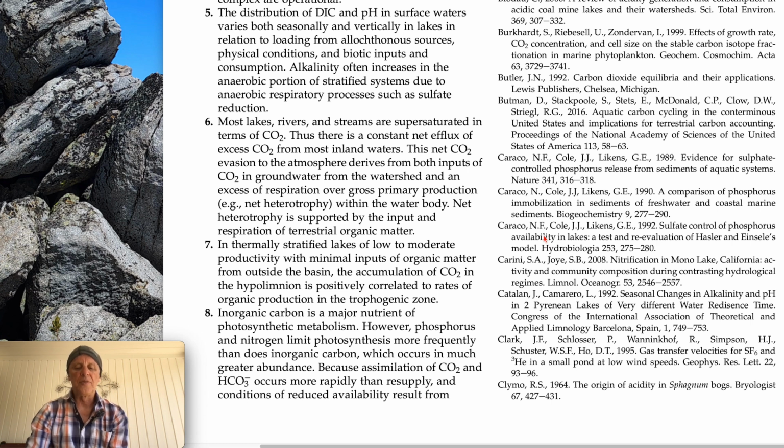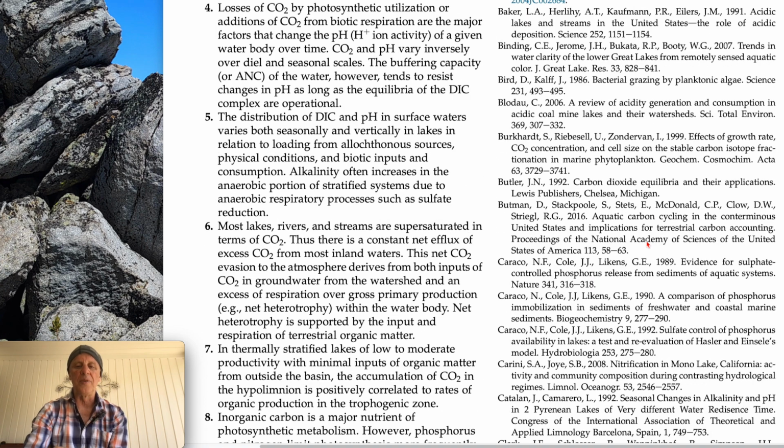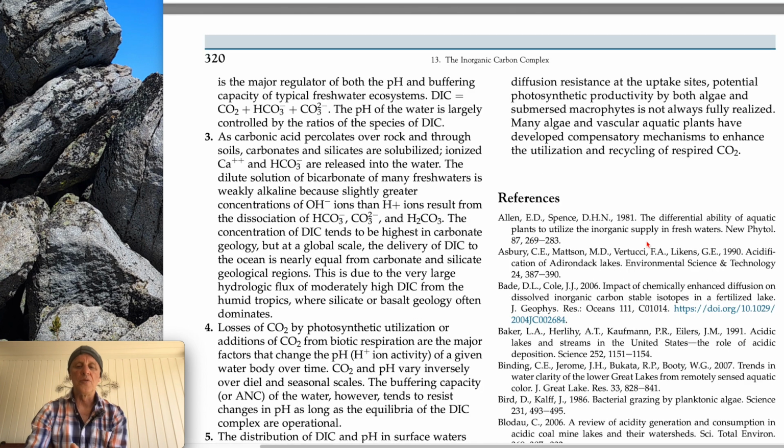Because assimilation of CO2 and bicarbonate occurs more rapidly than resupply, and conditions of reduced availability result from diffusion resistance at the uptake sites, potential photosynthetic productivity by both algae and submerged macrophytes is not always fully realized. Many algae and vascular aquatic plants have developed compensatory mechanisms to enhance the utilization and recycling of respired CO2.